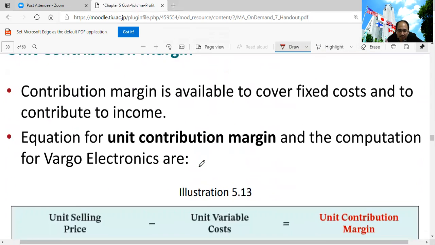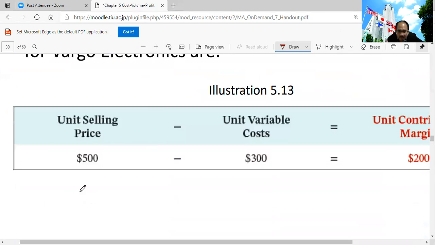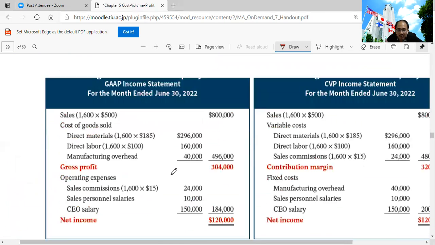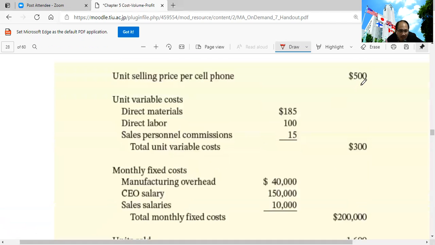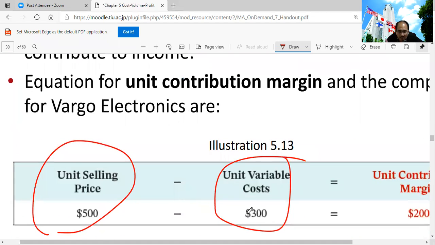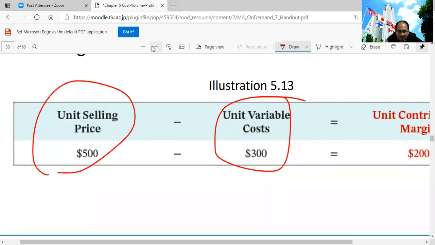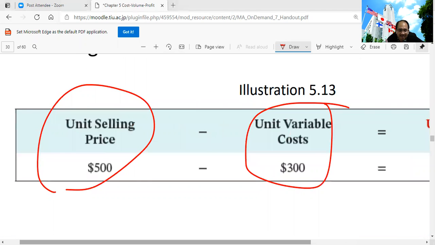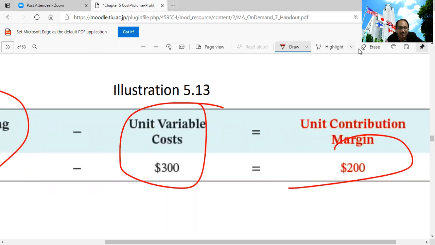The unit selling price is given from the information, 500, and unit variable cost is 300. So the unit contribution margin is simple, 500 minus 300, so it's 200. See, pretty simple.